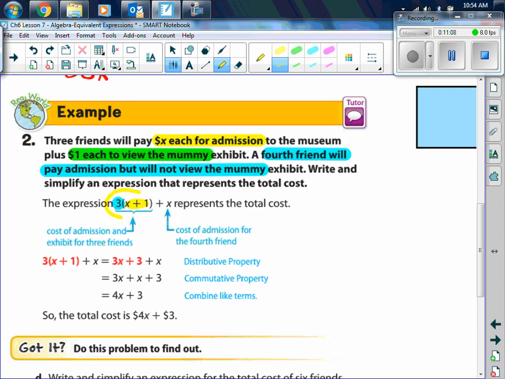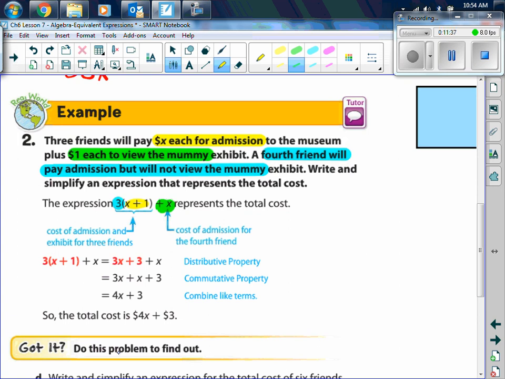So this is all the people who are going to see the mummy. Is everyone with me? Then we have that fourth friend who's going to pay for admission to the museum but not see the mummy. So how much is that person going to pay? Just x, right? Just x. And that is right here. Is everybody clear with that?